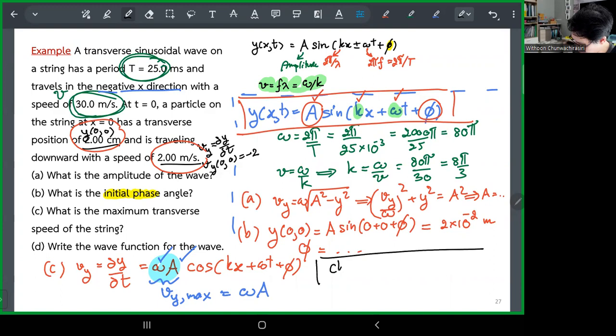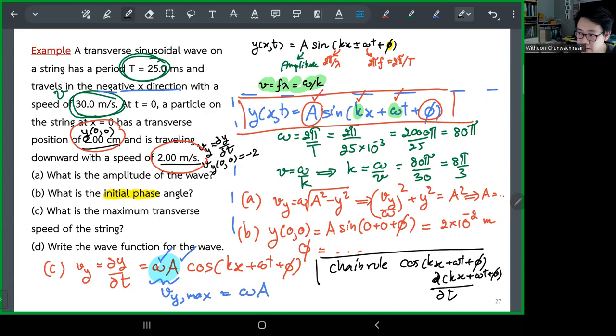The chain rule will give you cosine of kx plus omega t plus phi, right? And then you have to multiply by the partial of kx plus omega t plus phi with respect to t. Let me do the partial here. There you go. Does that make sense?